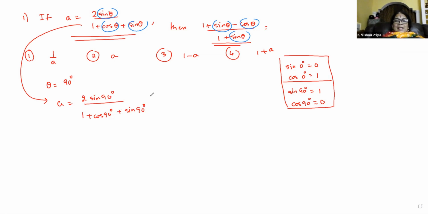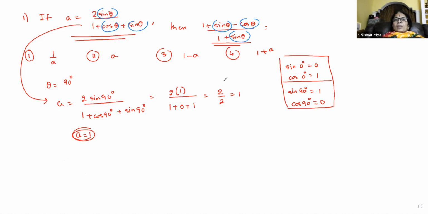Just read it and write: 2 sine 90 degrees is 1, by 1 plus cos 90 degrees is 0 plus sine 90 degrees is 1. That means 2 by 2 equal to 1. So I got A equal to 1. So a few steps you can skip, but while skipping, you should not make mistakes.